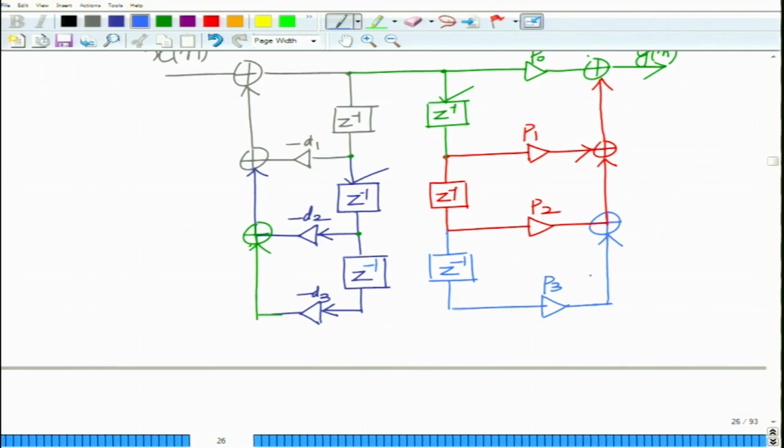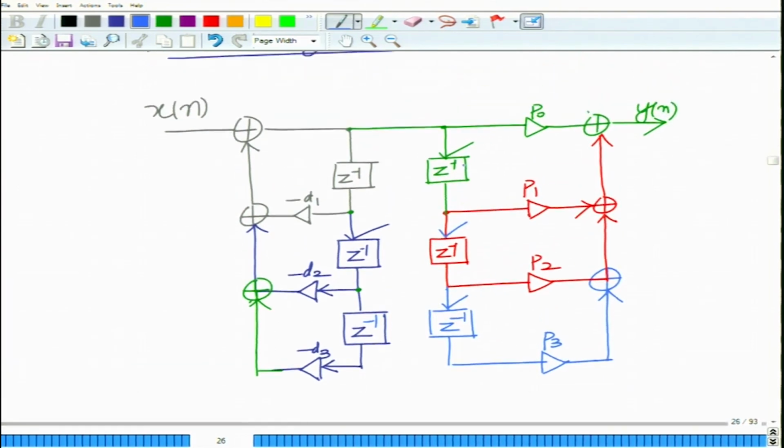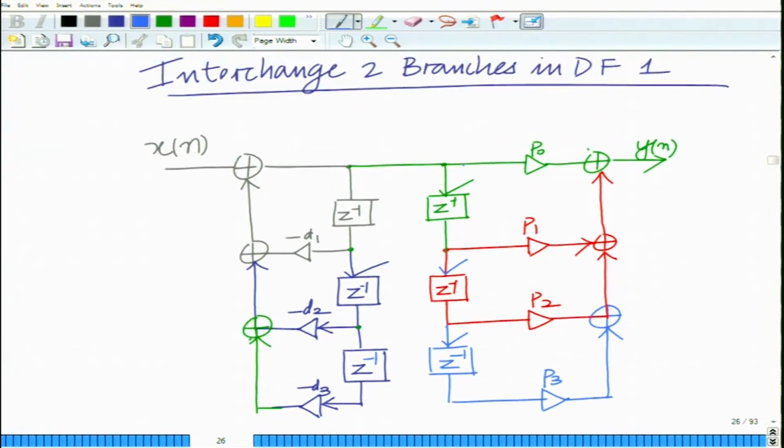So they will multiply this by P3 and what you have is basically the interchanged, alright. So this is basically interchanging, after interchanging, branches of DF1, this is what you have, okay.